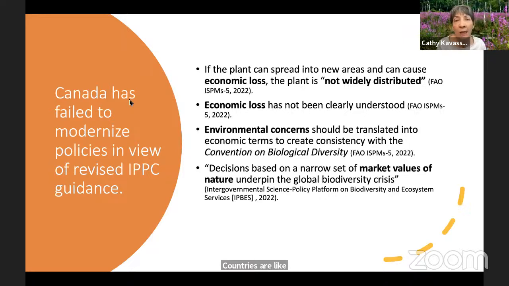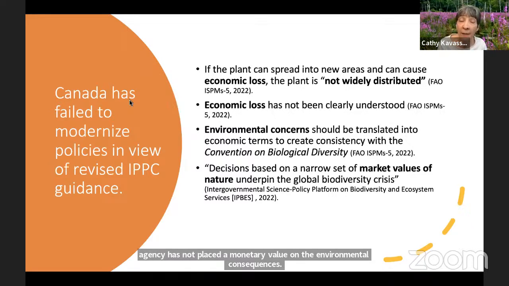Canada has largely evaluated potential economic impacts only in the agricultural and forestry sectors. They look at things like crop yield loss, and the agency has not placed a monetary value on the environmental impacts of invasive plants.